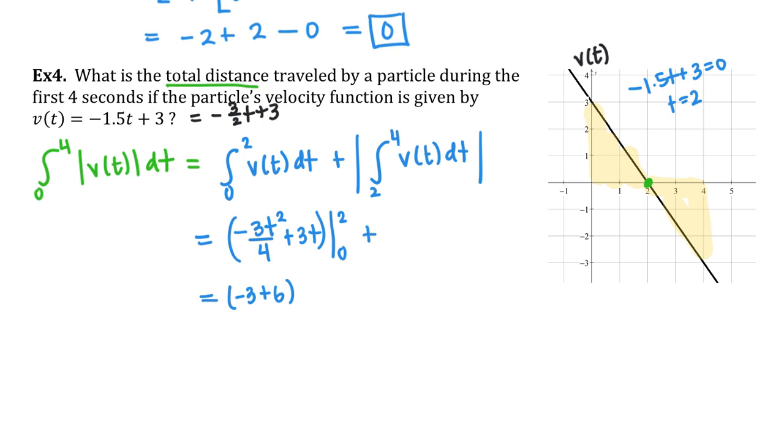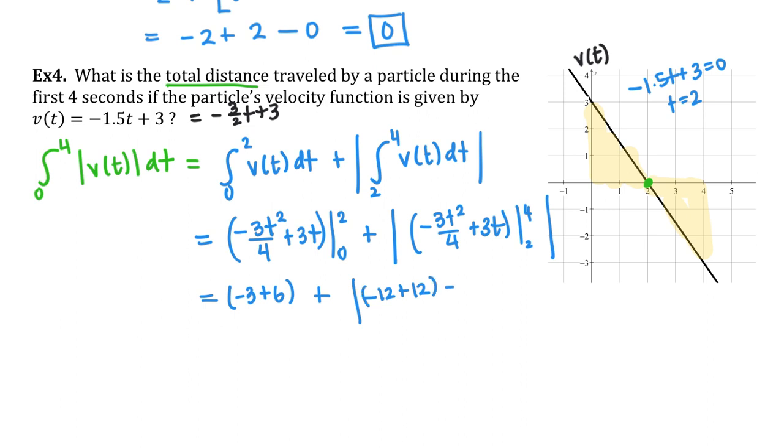The other one I'm expecting to get a negative answer, and then I'm going to just absolute value it afterwards. Same integral: negative 3t squared over 4 plus 3t. I'm going to evaluate it from 2 to 4, and then after that I'm going to take the absolute value. If I plug in 4, negative 48 divided by 4, negative 12, plus 3 times 4 is 12.